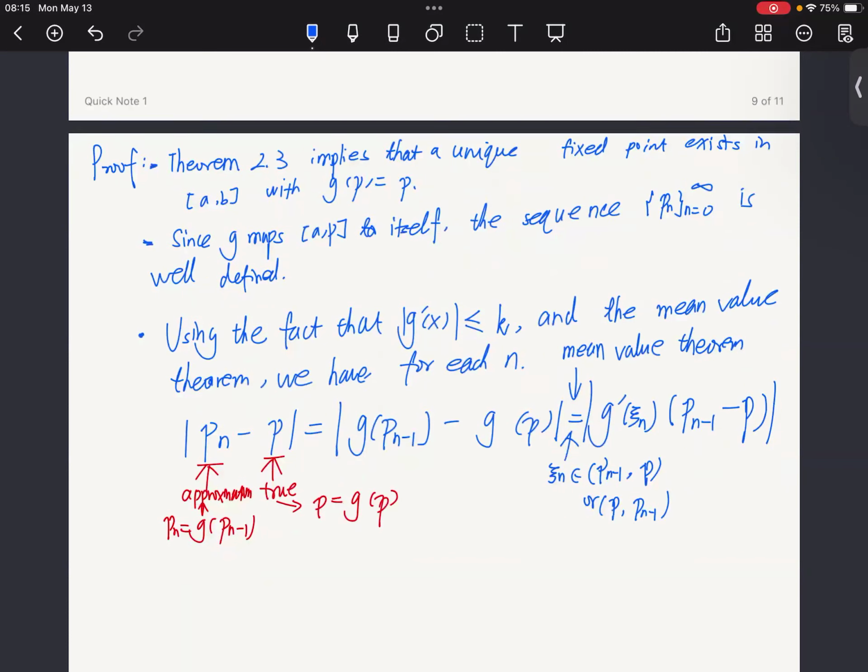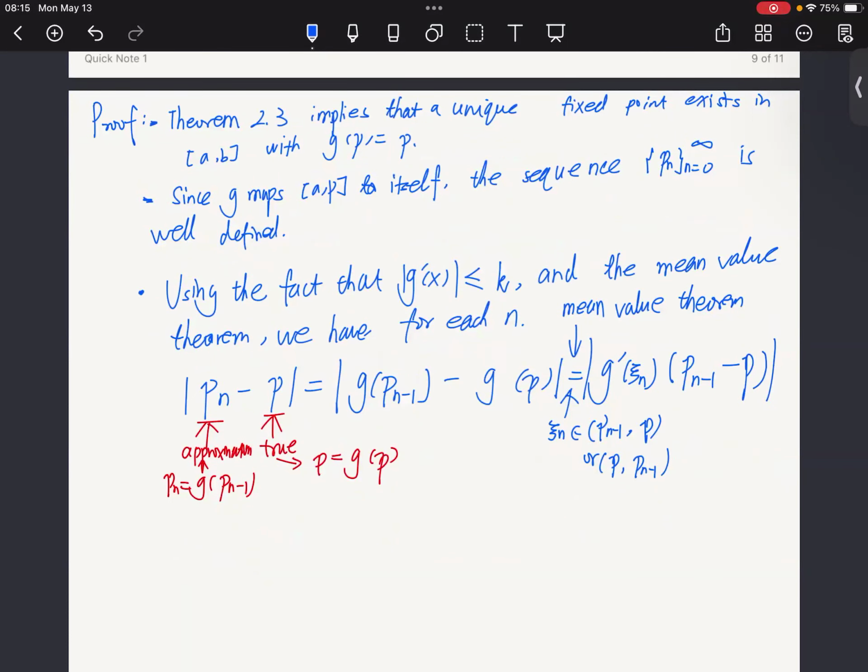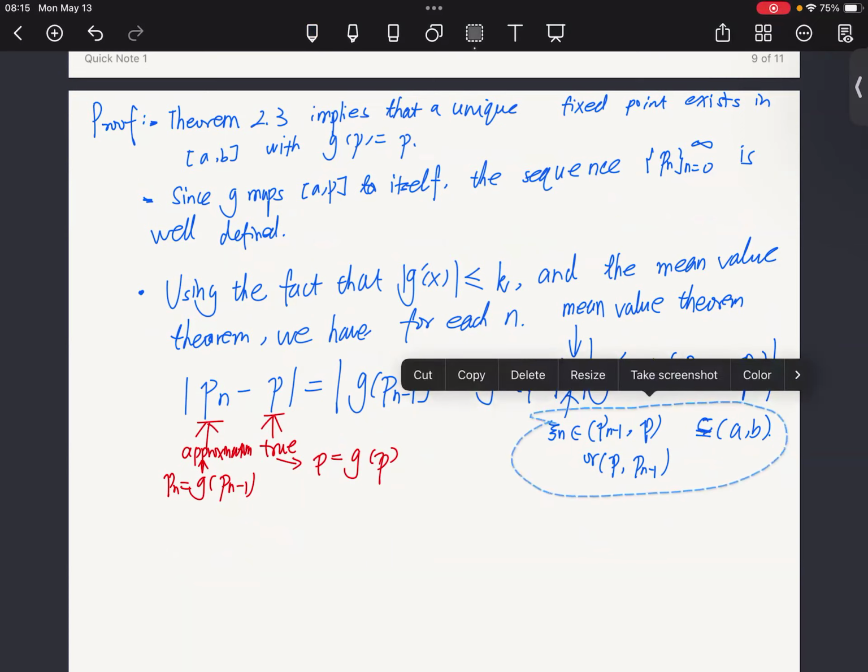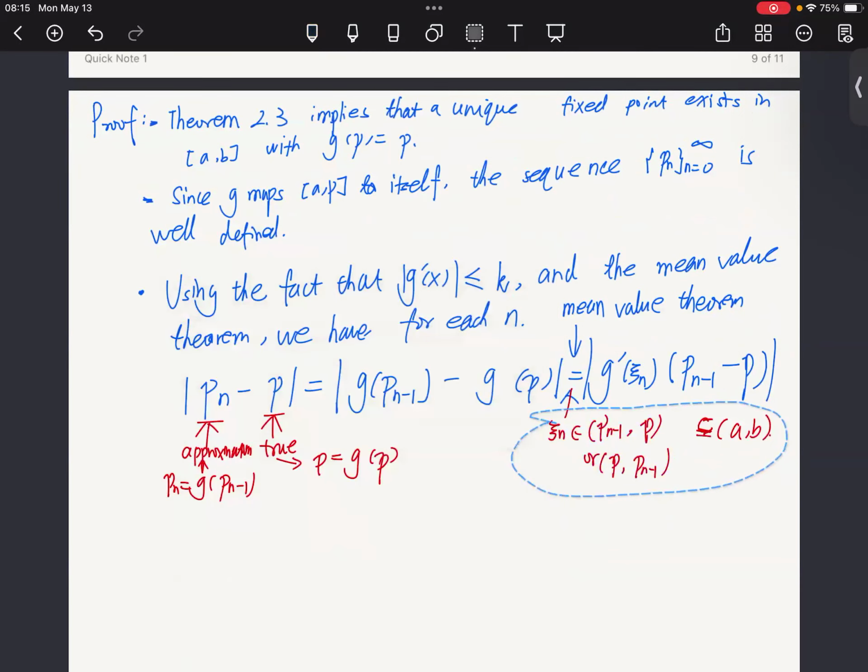One thing we can be sure of is that this interval is a subset of [a, b], so Cn is inside the interval [a, b].